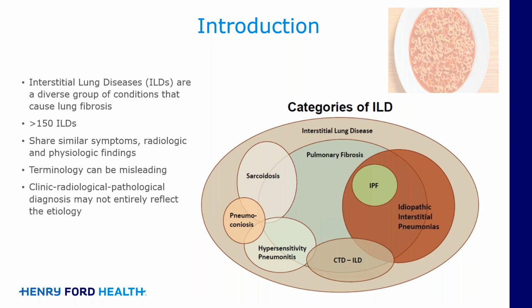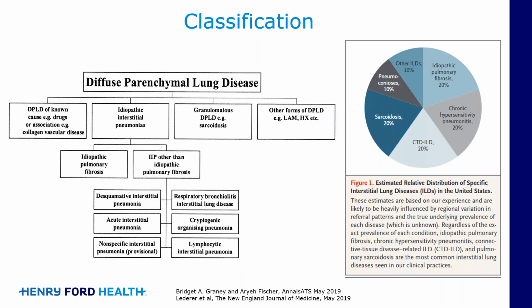A terminology which is clinically or radiologically important may not be reflective of the actual etiology. Also, a better, more descriptive terminology for interstitial lung disease may be diffuse parenchymal lung disease, because not all pulmonary fibrosis is restricted to the interstitium.